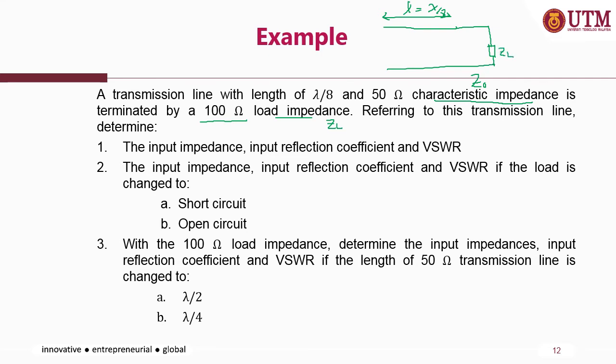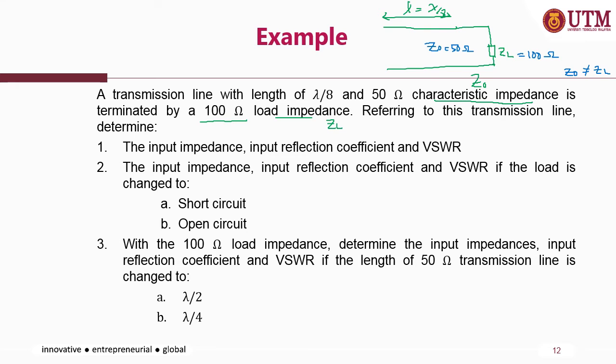Your Z0 equals 50 ohms, and ZL equals 100 ohm. So we know that in this case, Z0 is not equal to ZL. That's a mismatch, so some of the energy may be reflected back.